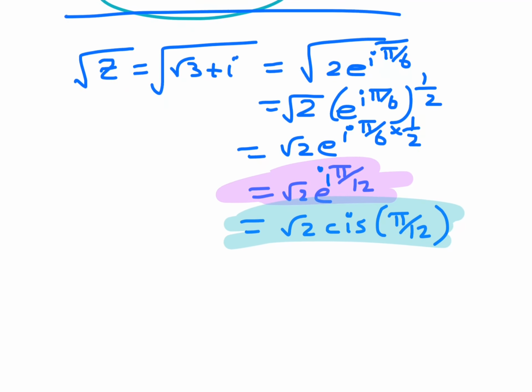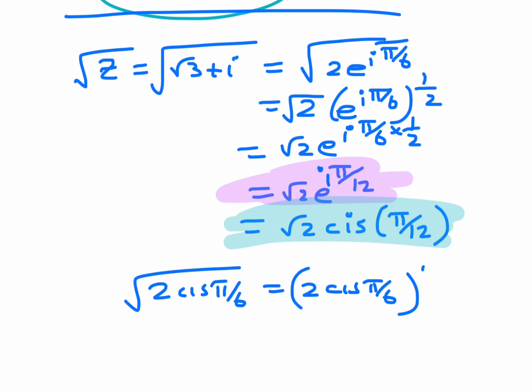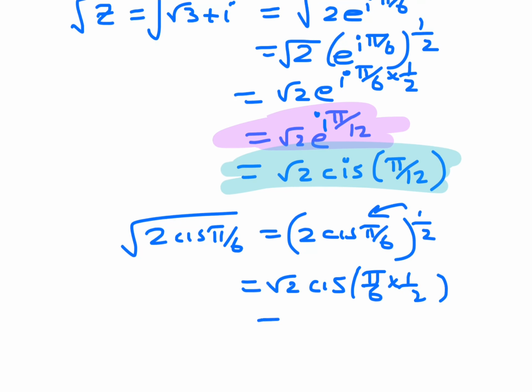Alternatively, you could also use cis: you go root 3 plus i is 2 cis pi on 6, which is 2 cis pi on 6 to the half, which is root 2 cis pi on 6 times a half. Because using de Moivre's theorem, you can just break it in. So it's root 2 cis pi on 12.